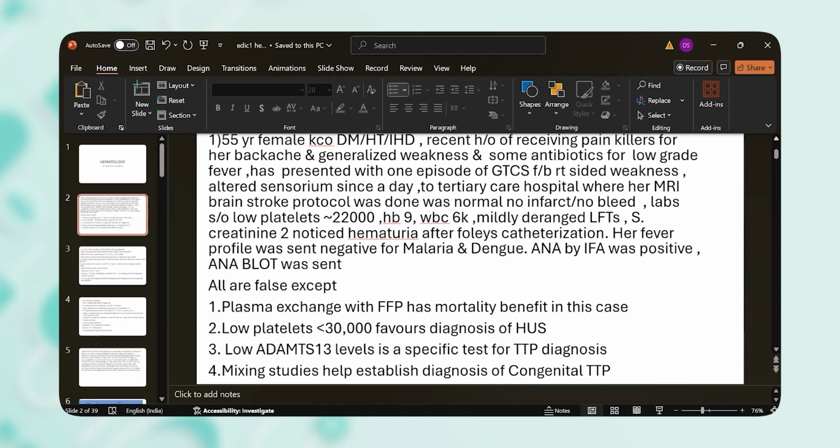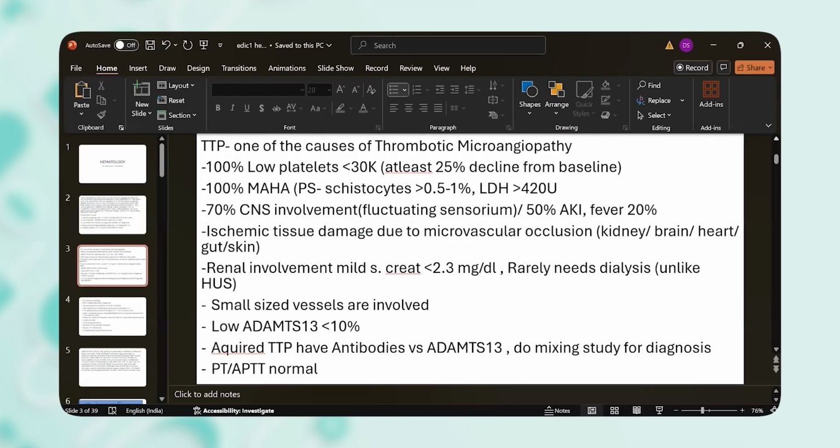Always remember, TTP is a medical emergency. You need to act faster. TTP is one of the causes of thrombotic microangiopathy. Can anybody tell me what you mean by thrombotic microangiopathy?